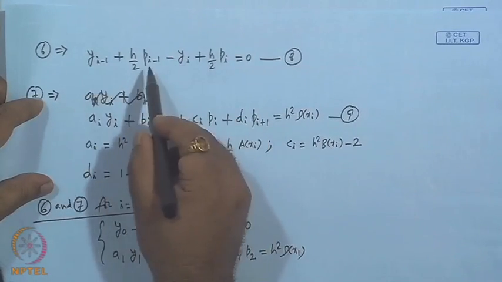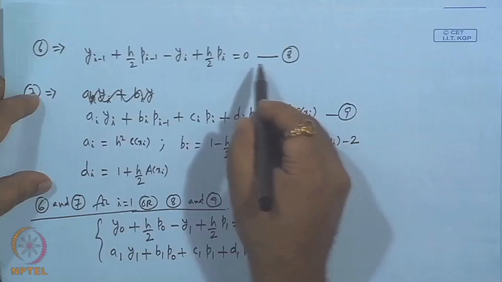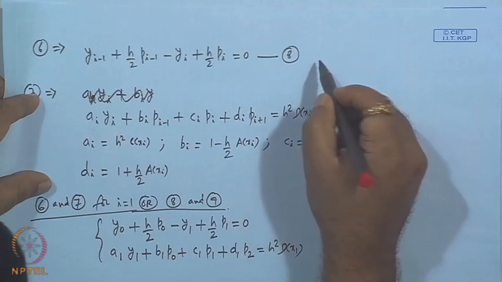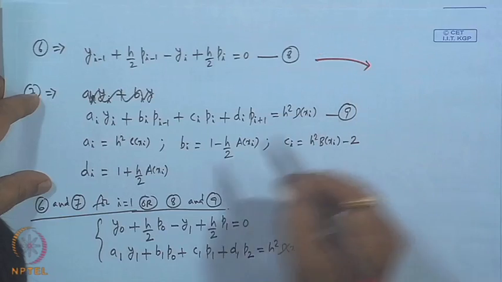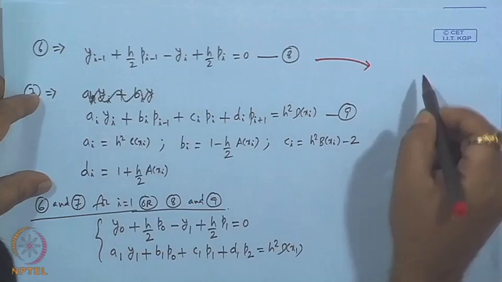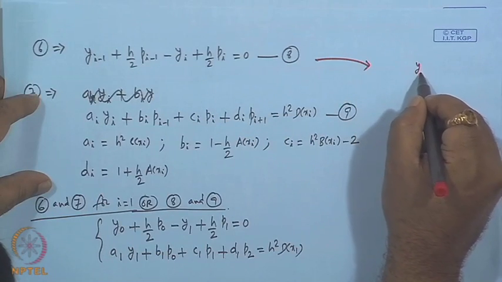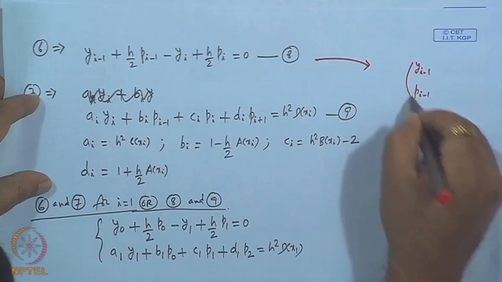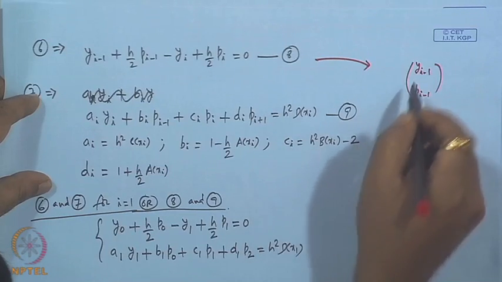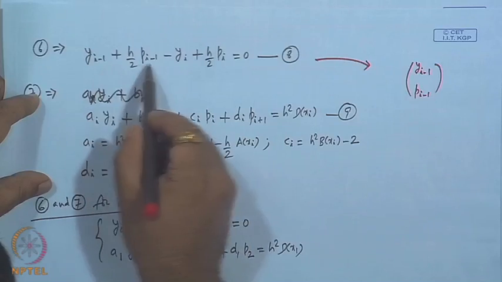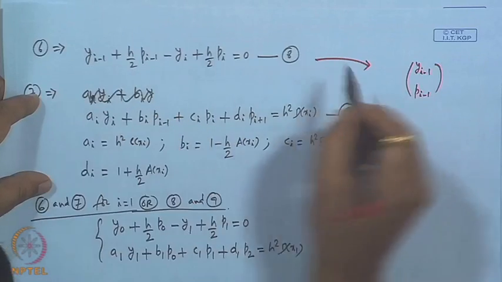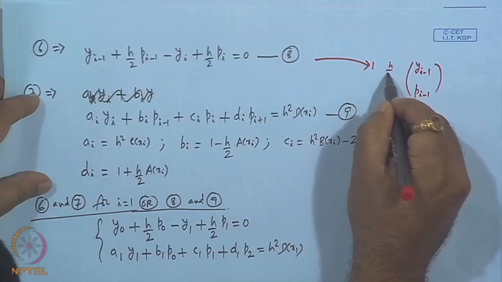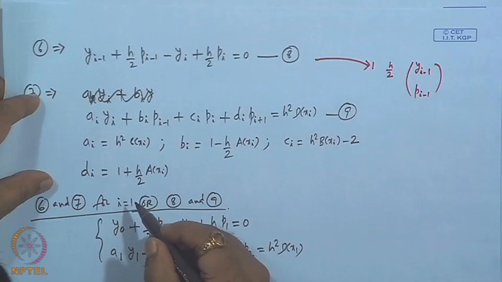If you look at it, suppose look at this equation, y I minus 1, p I minus 1. If we would like to reproduce this, coefficient of this must be 1 there and coefficient of this must be h by 2 there.